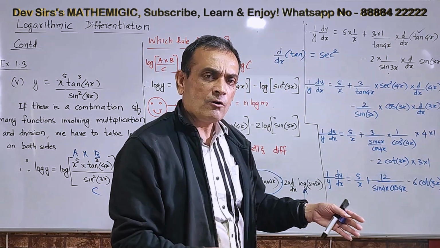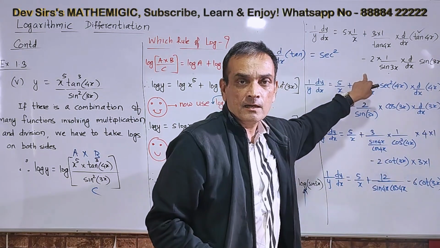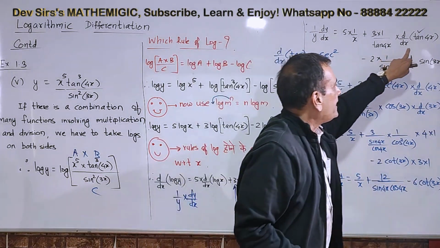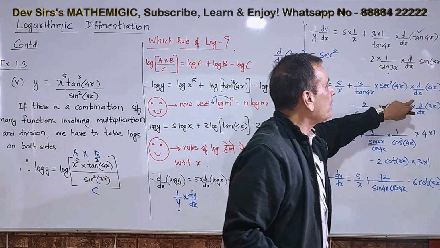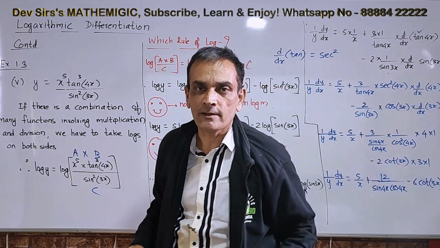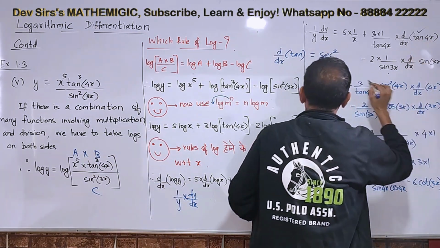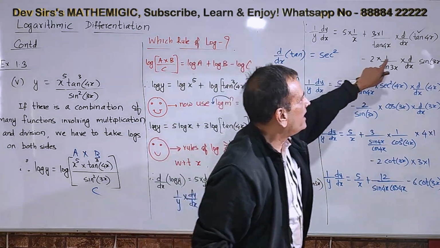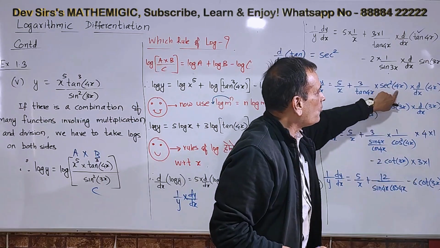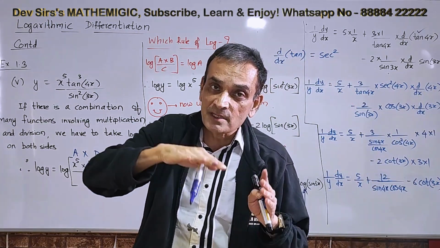Whatever is in front will come as it is. If it is tan x, then sec squared x will come. If it is tan 4x, then sec squared 4x will come into d by dx of 4x. Did you understand, Chandru, Naveen? So derivative of tan is sec squared. Therefore derivative of tan 4x is sec squared 4x into d by dx of 4x. Also take the derivative of whatever is there.